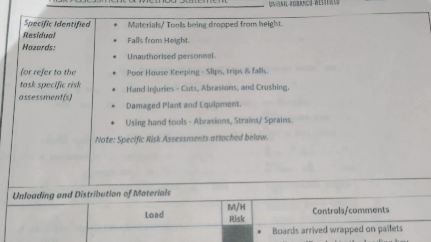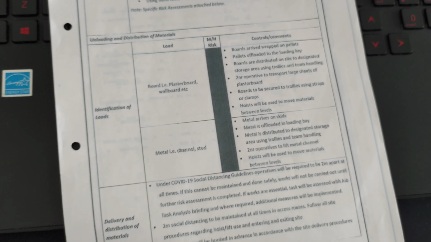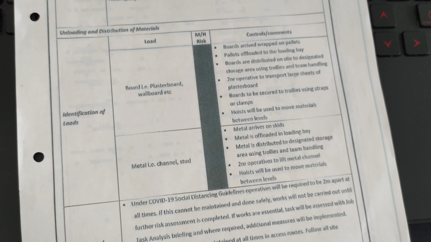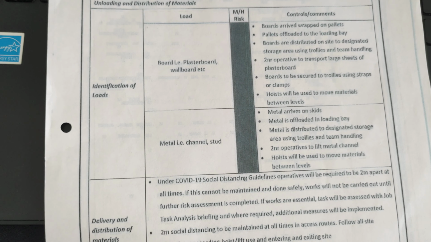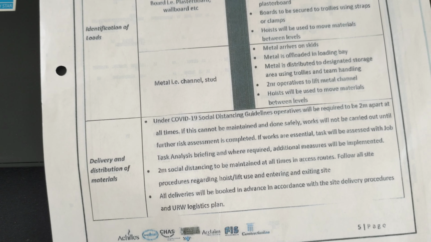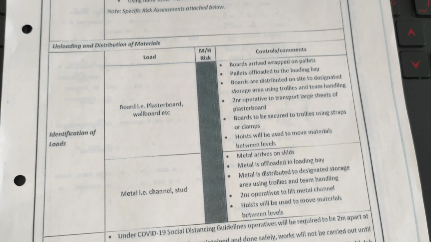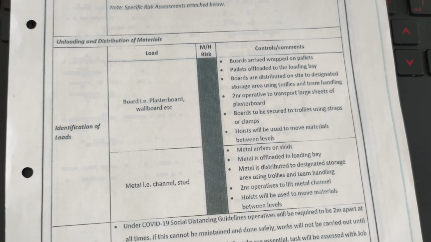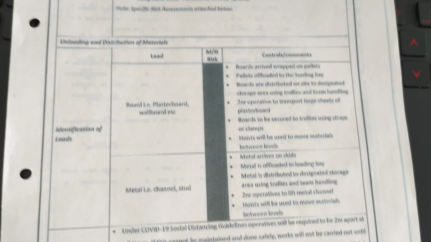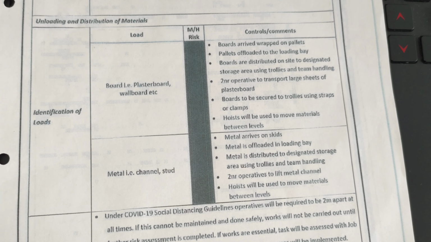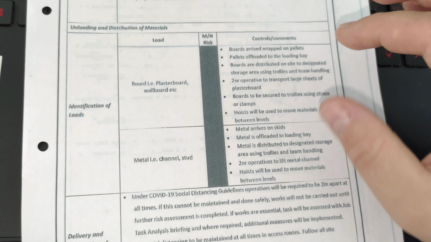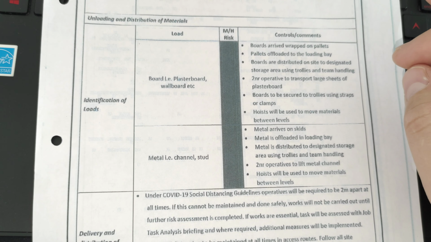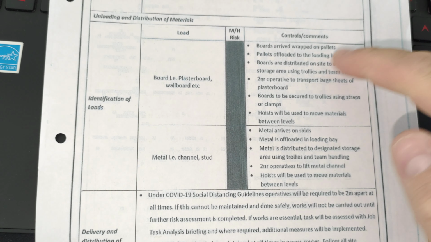Alright, so I'm just going to zoom in here for you. Here we have loads. This method statement actually shows us how materials, for example plasterboard or metals, arrive on site and how they are handled.